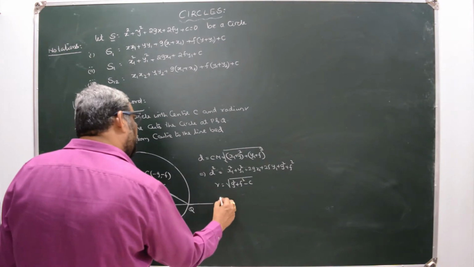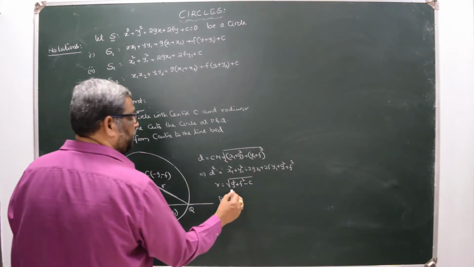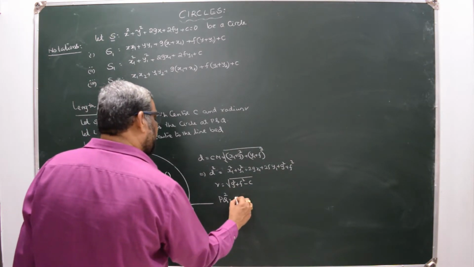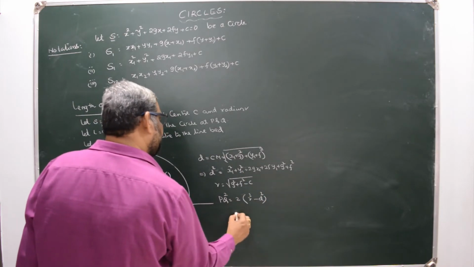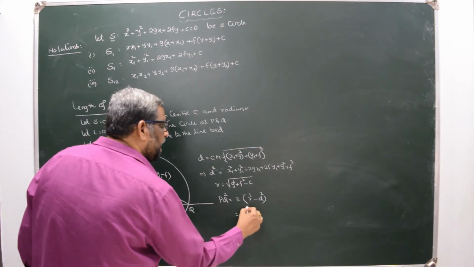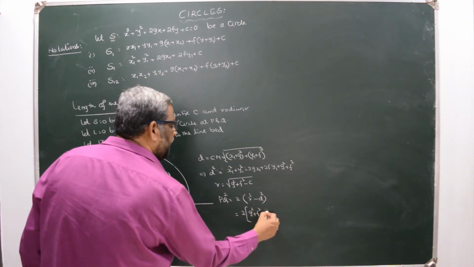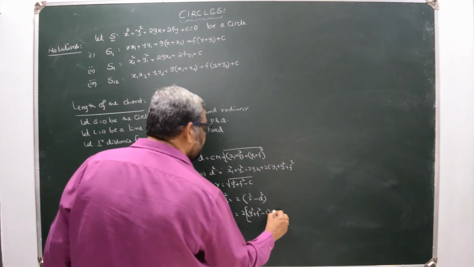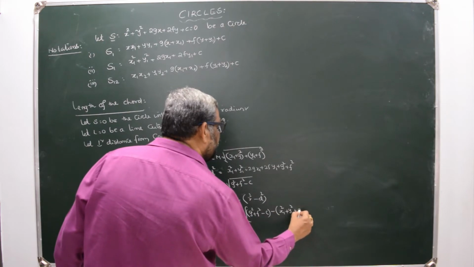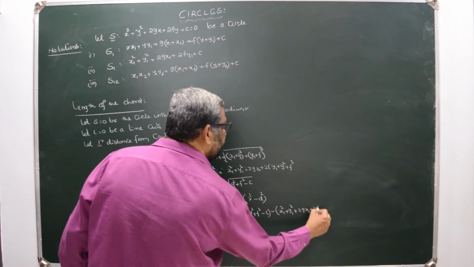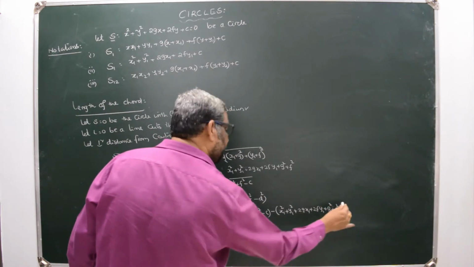Now we have taken PQ equal to 2 into root of R square minus d square. So PQ square is equal to 4 into R square minus d square. What is R square? g square plus f square minus c, minus x1 square plus y1 square plus 2g x1 plus 2f y1 plus g square plus f square.